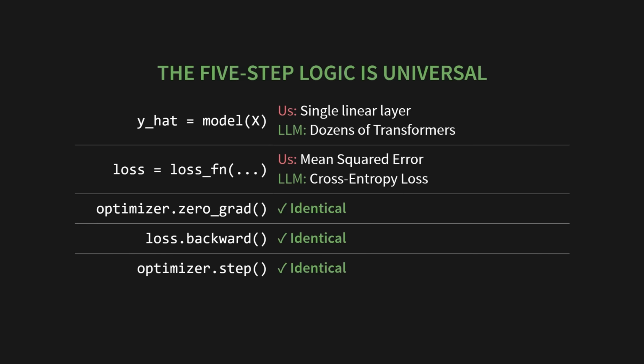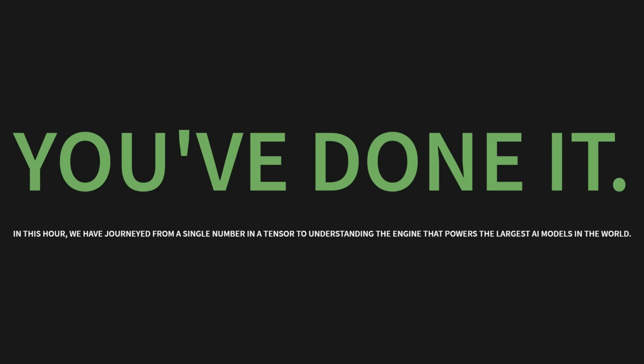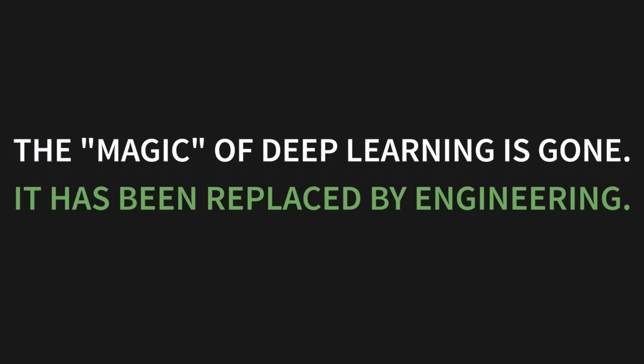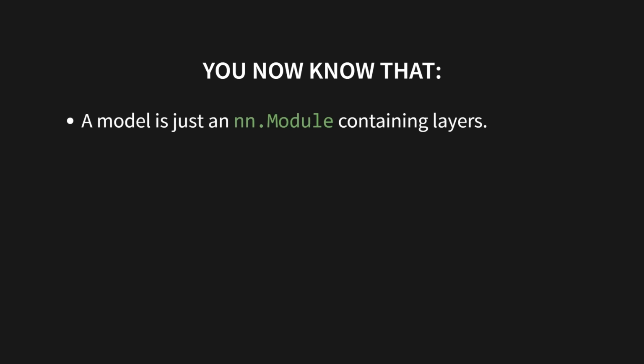You've done it. In this hour, we have journeyed from a single number in a tensor to understanding the engine that powers the largest AI models in the world. The magic of deep learning is gone. It has been replaced by engineering. You now know that a model is just an nn.Module containing layers.